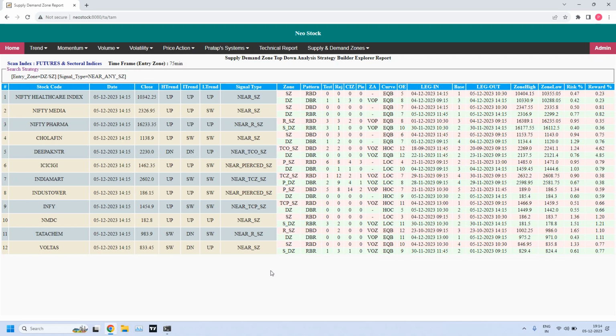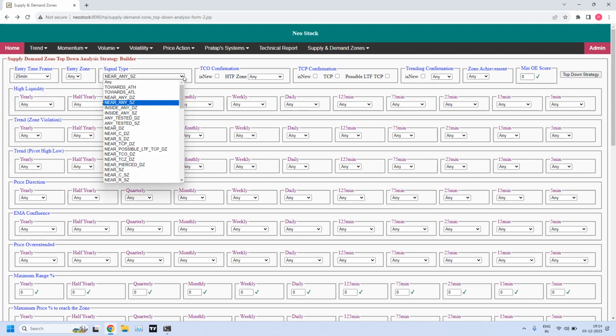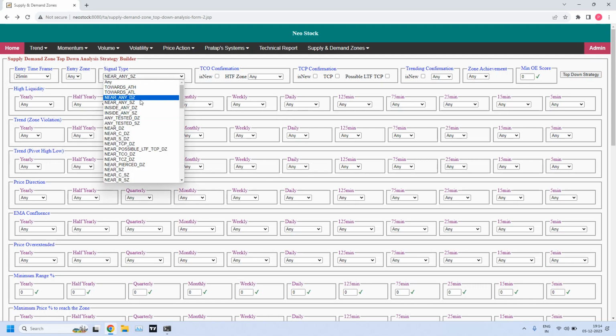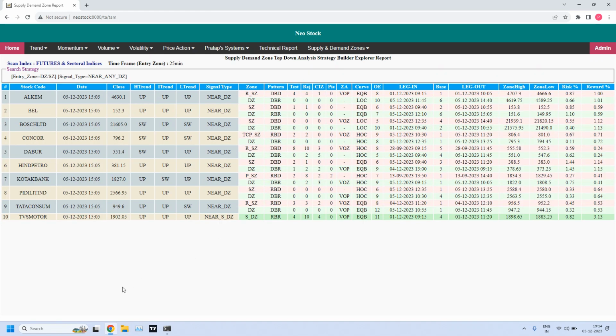So this is about stocks near 75-minute zone. Now let us generate for 25 minutes time frame. For entry time frame 25 minutes, let us find the stocks which are near to the 25 minutes demand zone. So these 10 stocks are filtered.